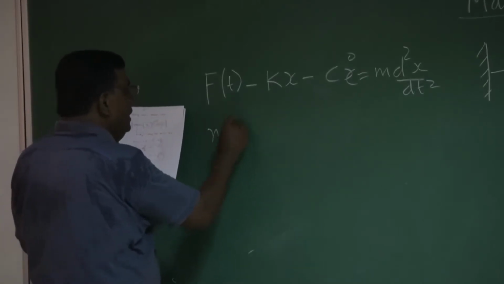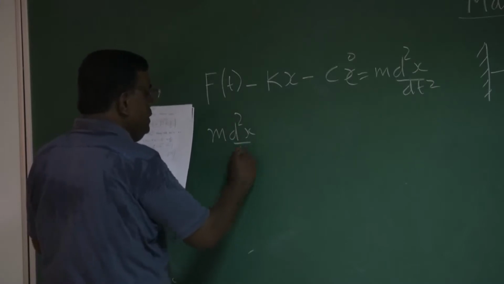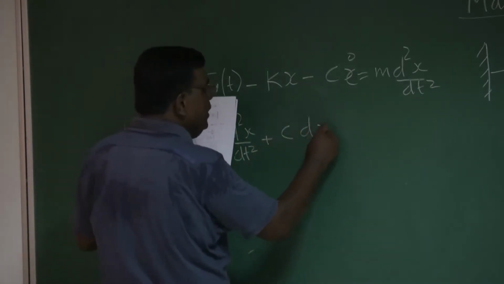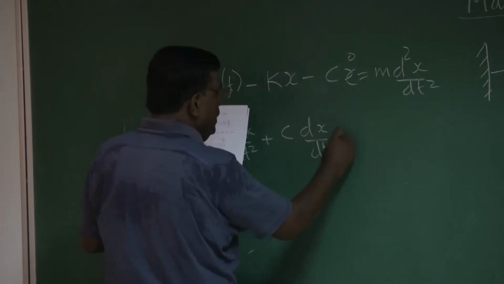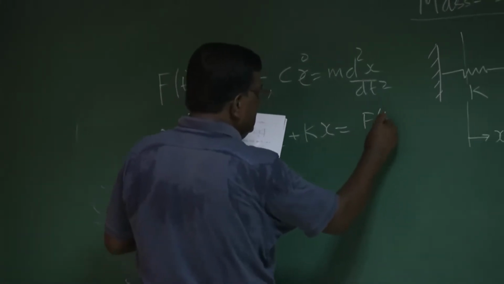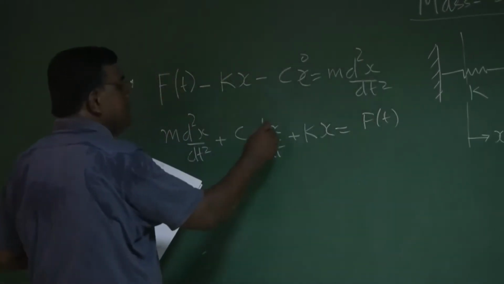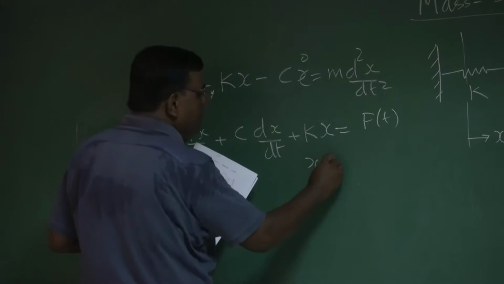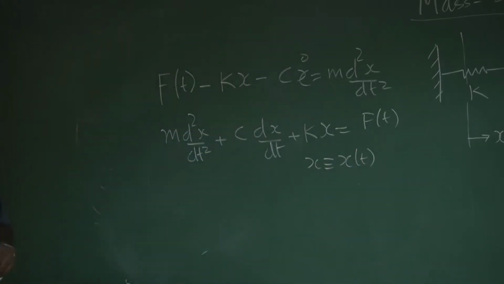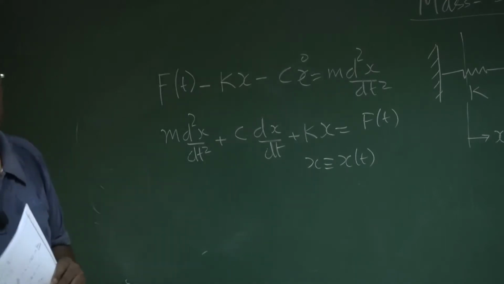m d square x by dt square plus c dx by dt plus k x is equal to f of t. Please understand this x also, I need to write as x of t, because we are talking about response, right? These are perturbed quantities.